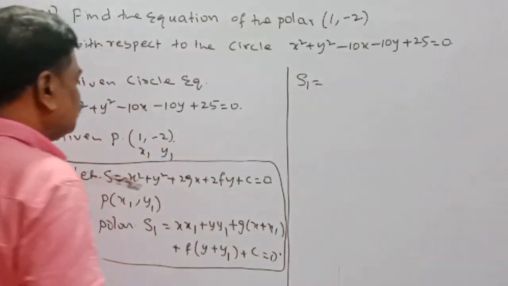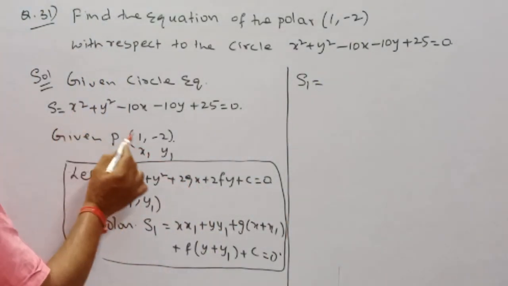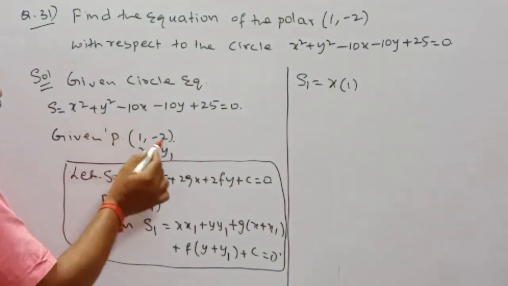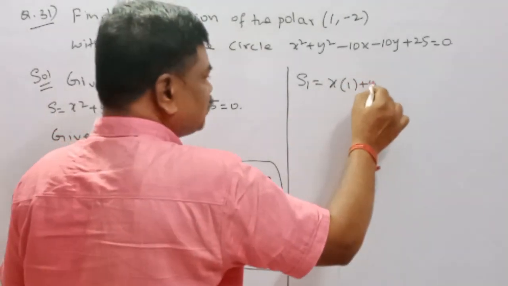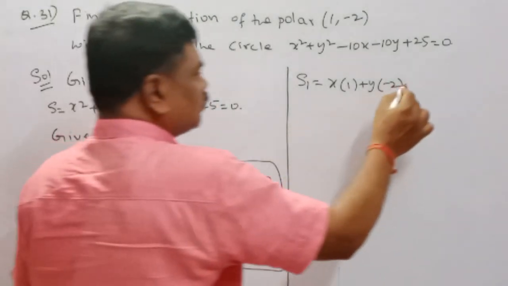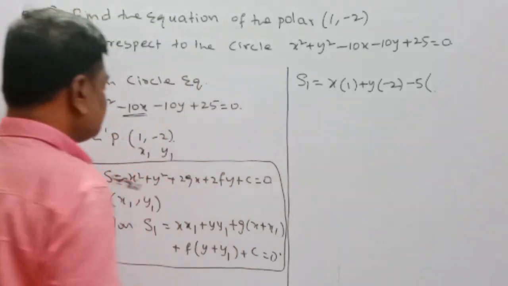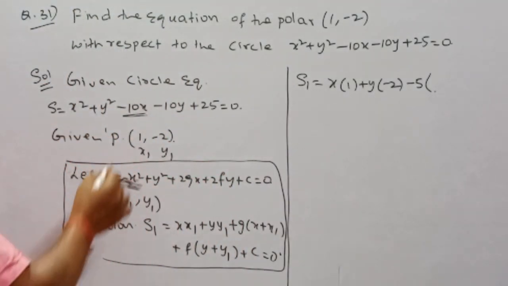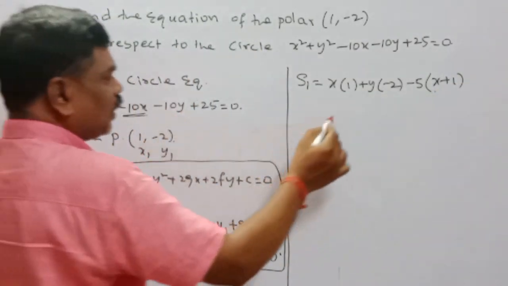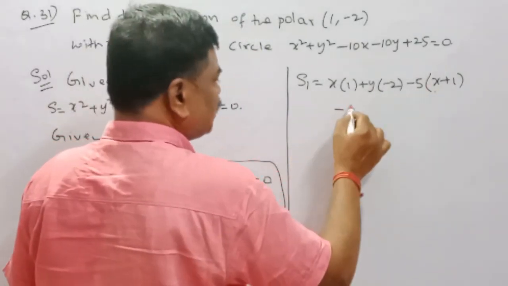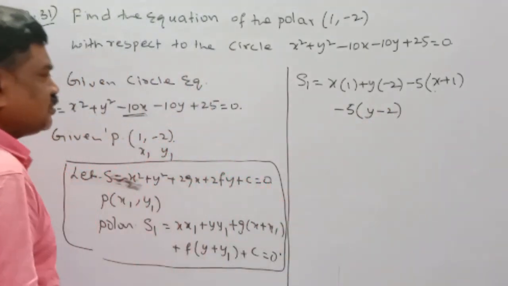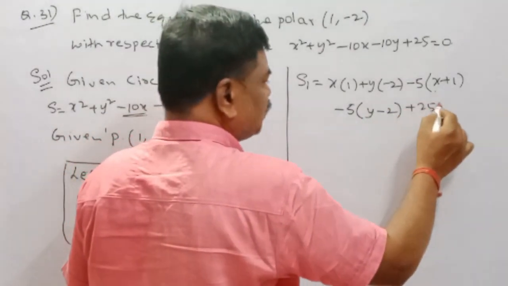S1 = x·1 + y·(−2) − 5(x + 1) − 5(y − 2) + 25 = 0.